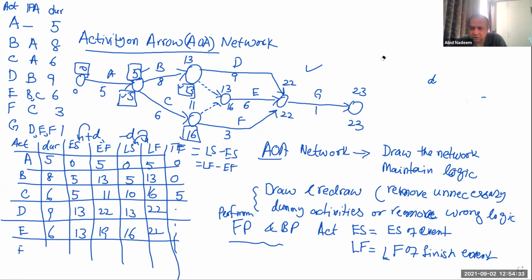Okay, so this was the example for the activity on arrow diagram. And I think you can see that it's a little bit inconvenient, so you have the choice to use the activity on arrow network or the activity on node network. Anyway, that was the activity on arrow.